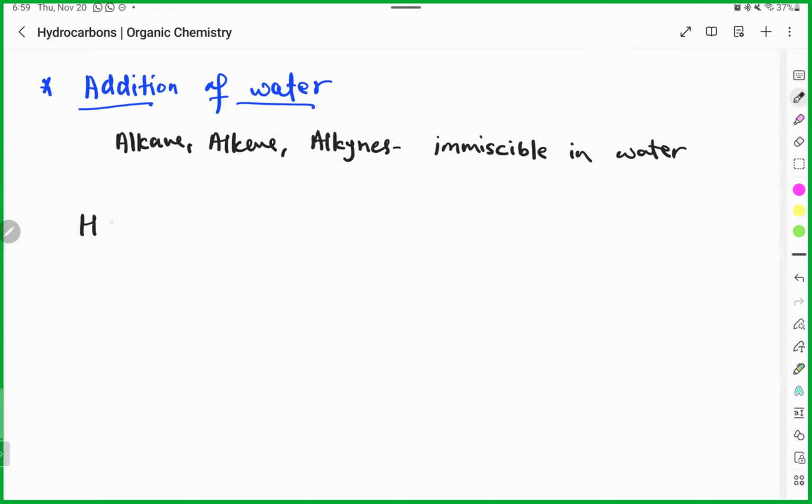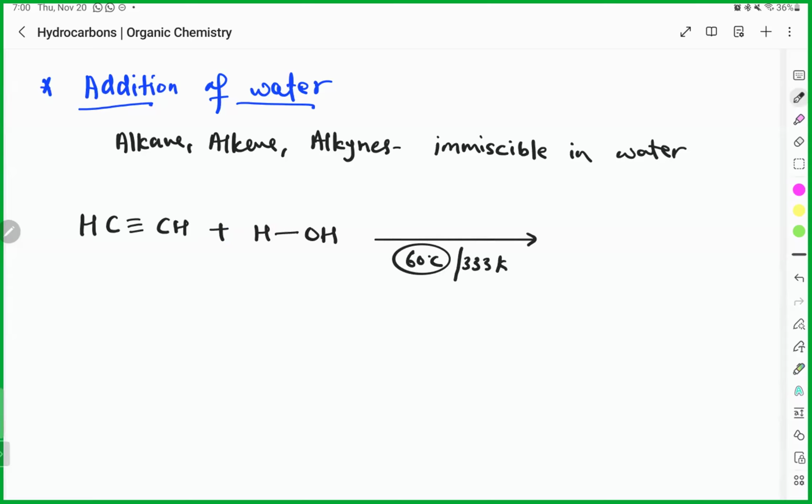For example, if you take CH triple bond CH and react it with water, what will happen? You have to heat. That's why you take high temperature. How high? Almost 60 degrees Celsius, or 333 Kelvin. Whenever you write 60 degrees Celsius, you feel it.